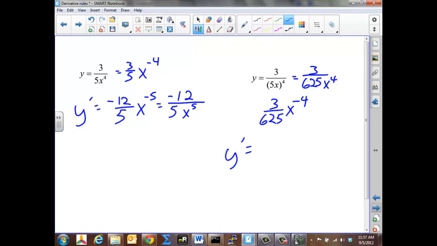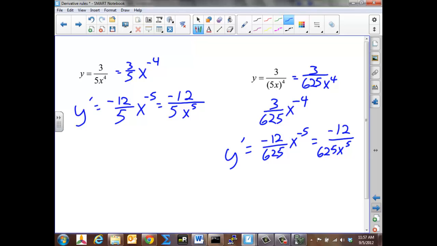Now we do the same thing we did over there. Negative 4 times 3, we get negative 12 over 625, x to the negative 5th. And we can simplify that to negative 12 over 625 x to the 5th power.